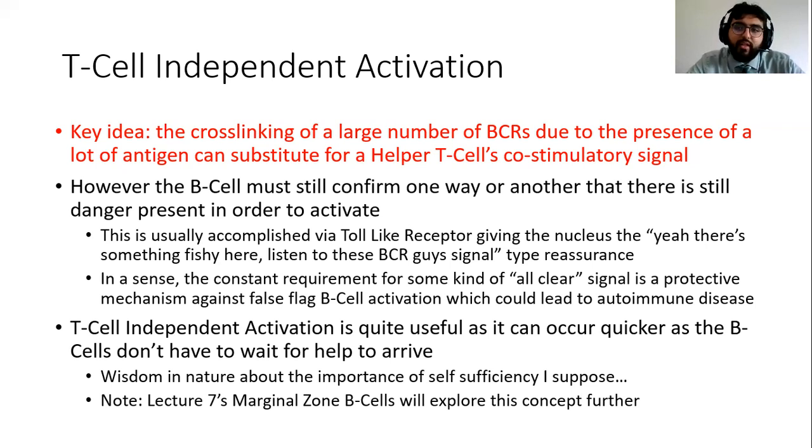Therefore, awaiting T cell help can take some time. So early on in infection, T cell independent activation, because there are no T cells yet, can actually be useful for some B cells. And again, we'll talk about marginal zone B cells, which are a special class of B cell in the lymphoid organs that just operate normally without T cell help.